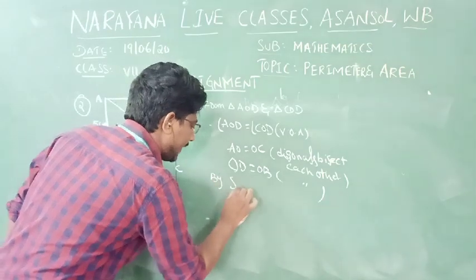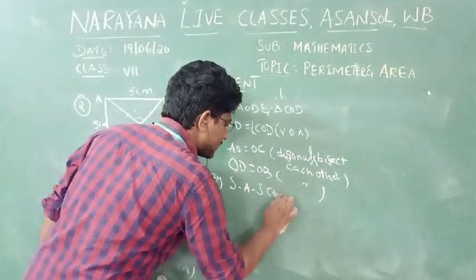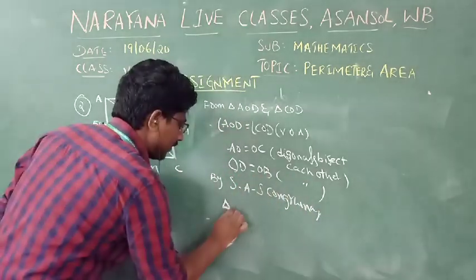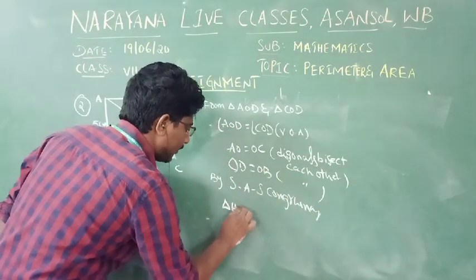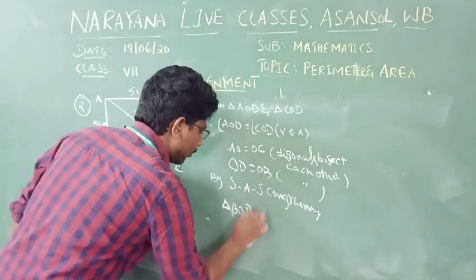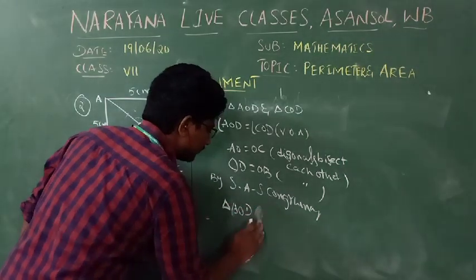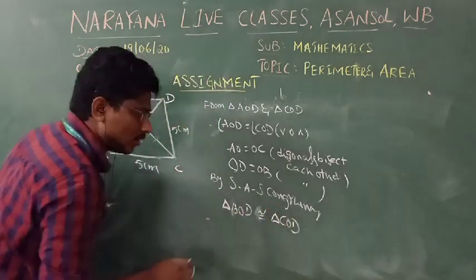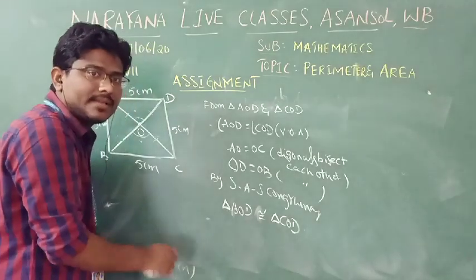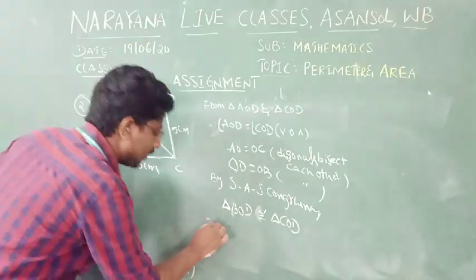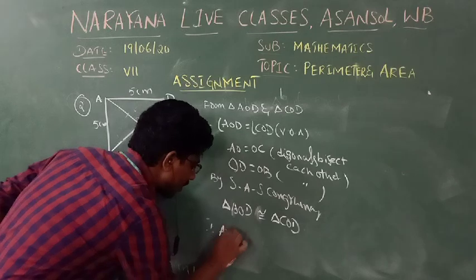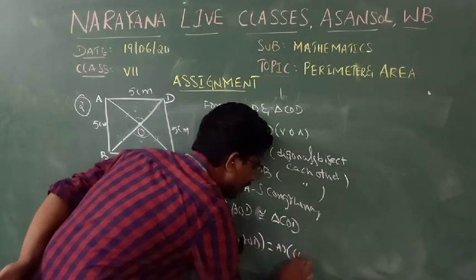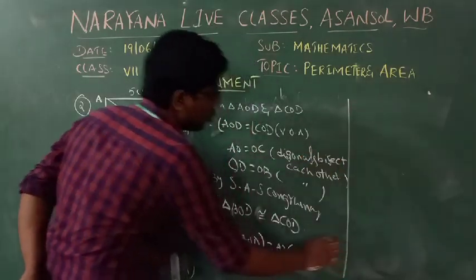So by SAS congruency, we can say that triangle AOD is congruent to triangle COD. So if two triangles are congruent, their areas are equal. Therefore, area of triangle AOD is equal to area of triangle COD.